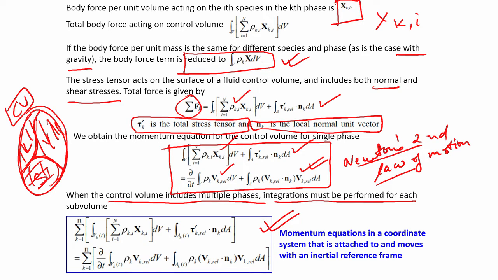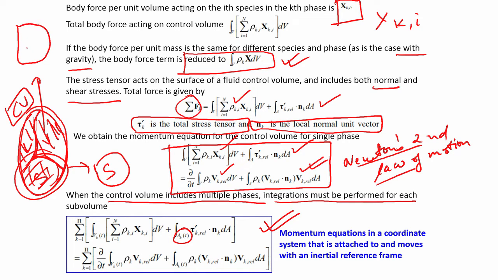If you look at this form, there are a couple of things. The area AK is basically the individual control surface. For example, if I look at this diagram once again and take this out, this is the area of the solid. If I take this area out, this is the area of the vapor.